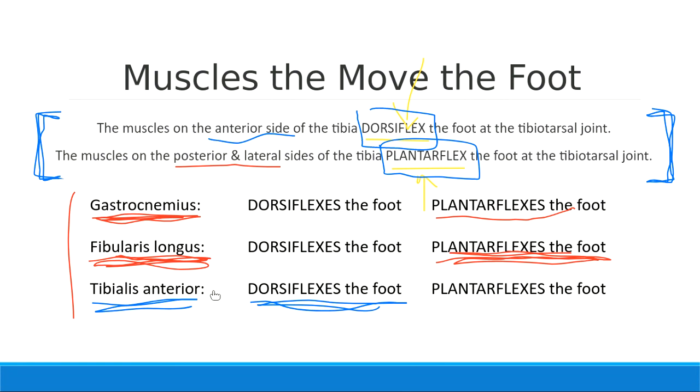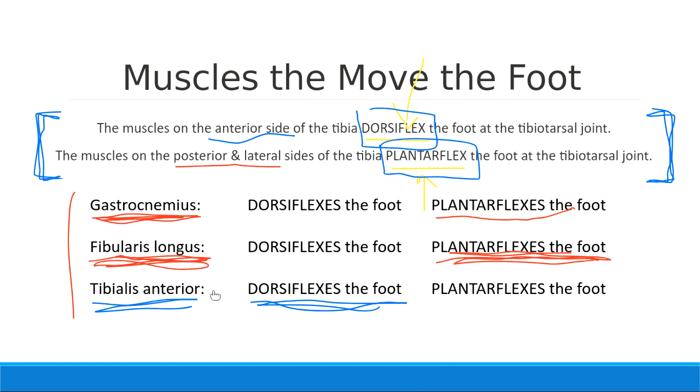What I would do for a question like this on the exam is I would show you a muscle maybe that starts here and it goes right here. So I'd make up a muscle and I'd put it right here. And I would ask you, what does this muscle do to the tibia? It's a muscle that lives right here and it attaches to the tibia down here.